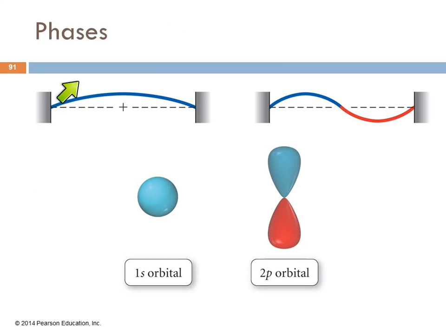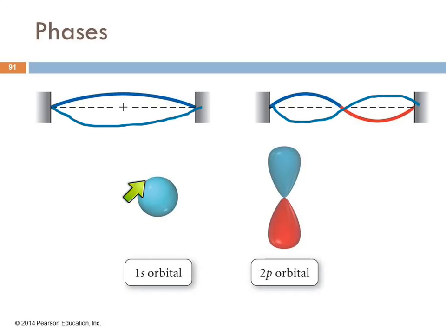An s orbital doesn't have a node, so it's just either plus or minus. The p orbital has one node, so one side will be plus and one side will be minus. But you could also have the 2p orbital with the opposite phase. The opposite phase would be like this, and the opposite phase for this one would be like that.